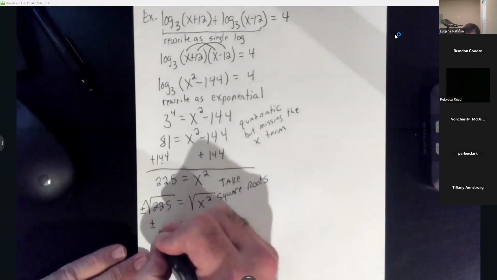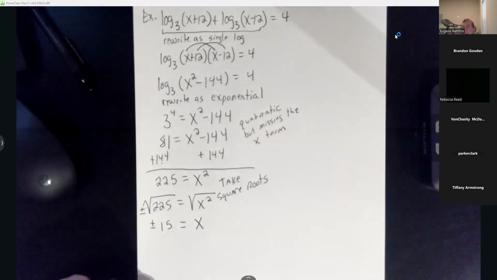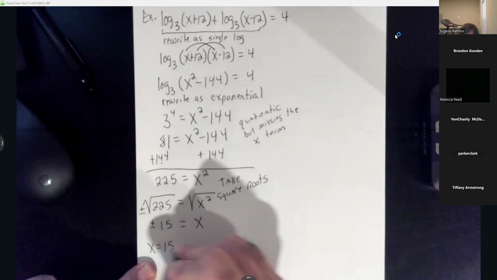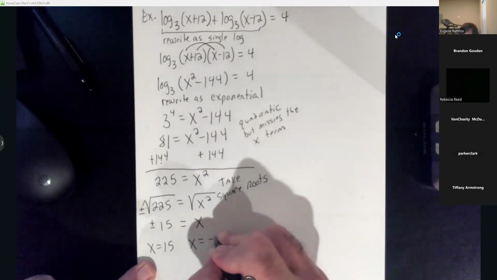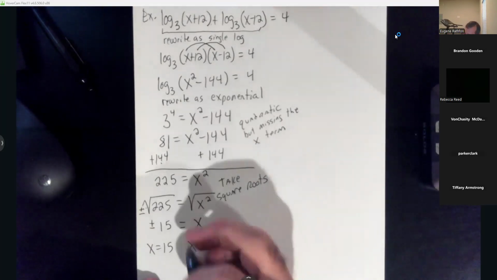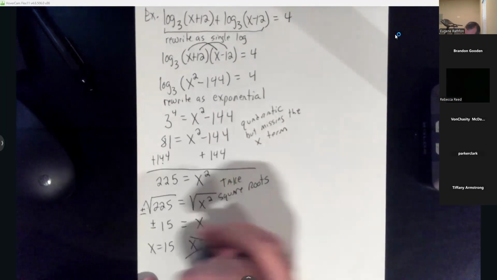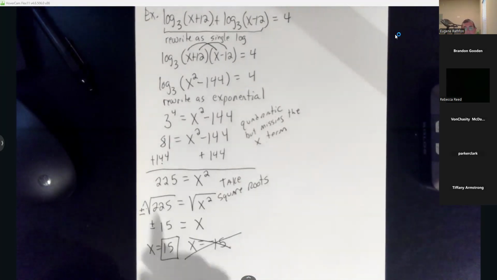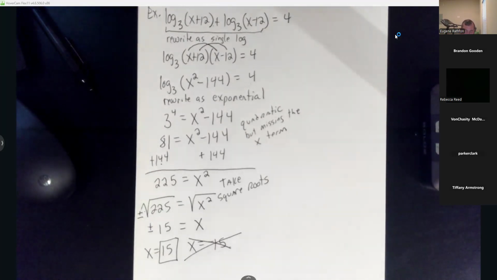So this will be a plus or minus 15. So x equals 15 or x equals negative 15. But y'all remember, I'm not keeping this negative answer. So the only answer is going to be a positive 15.